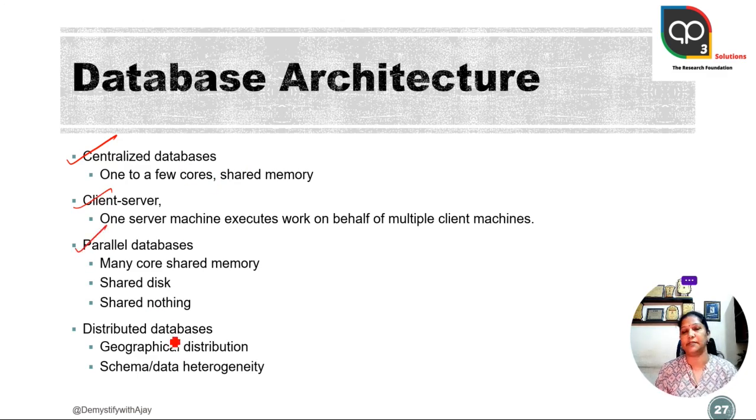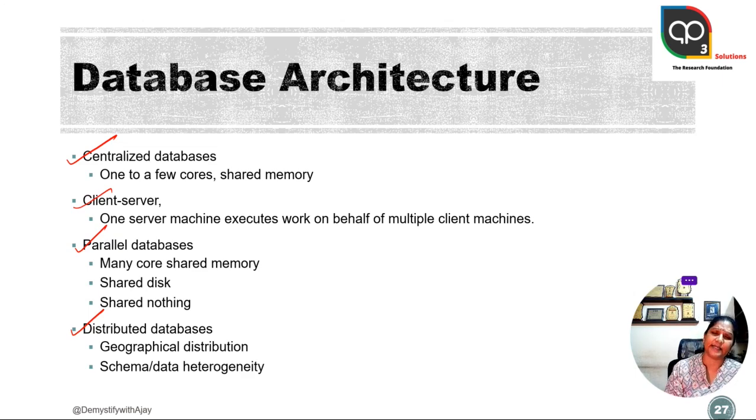Next, parallel databases use multiple processors with shared or separate memory to process data simultaneously, useful in data warehouses and analytics. And next, distributed databases, where data is spread across multiple geographical locations. And here data is stored and processed closer to the users, improving performance and fault tolerance.